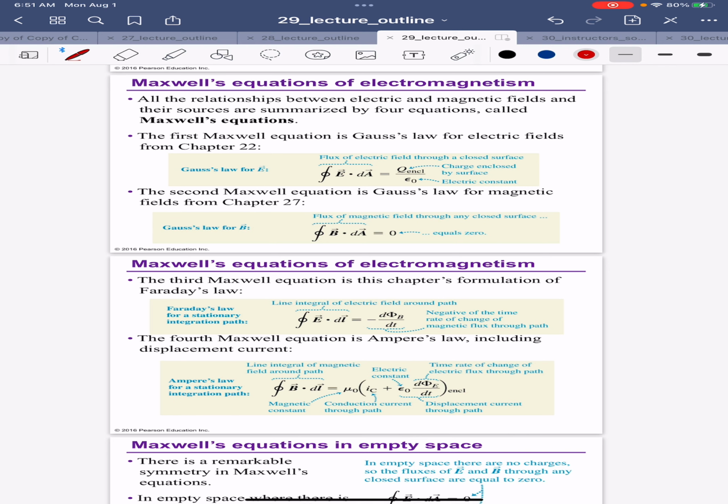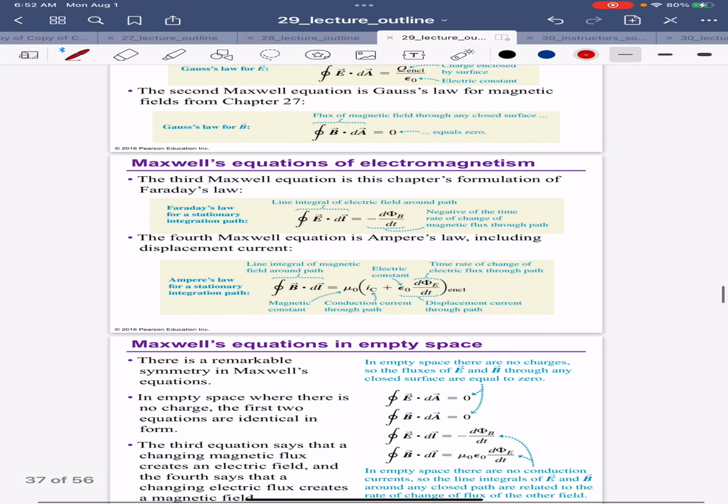The third Maxwell equation is the formulation of Faraday's law, which is the integration over a closed path of E dot dl equals negative the change in flux over time, d phi B over dt. The fourth is Ampere's law, but with the correction adding displacement currents.